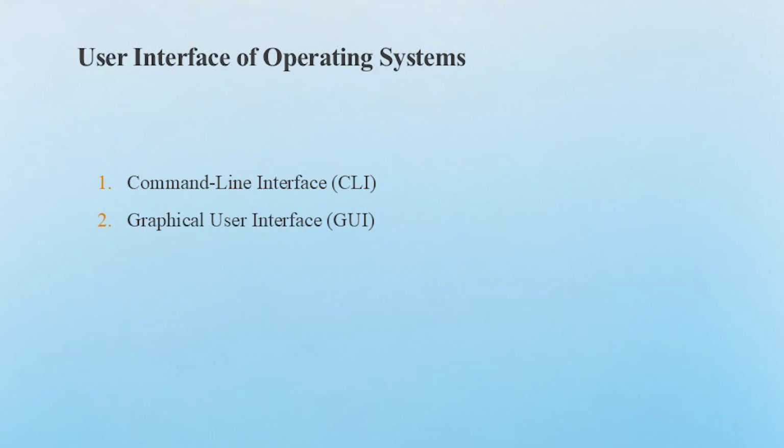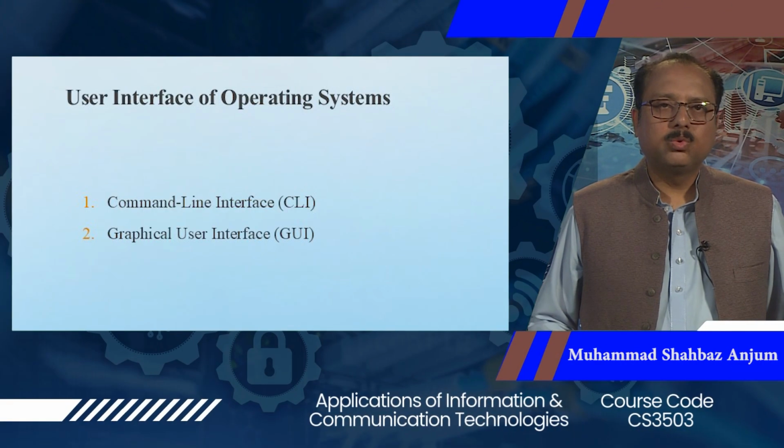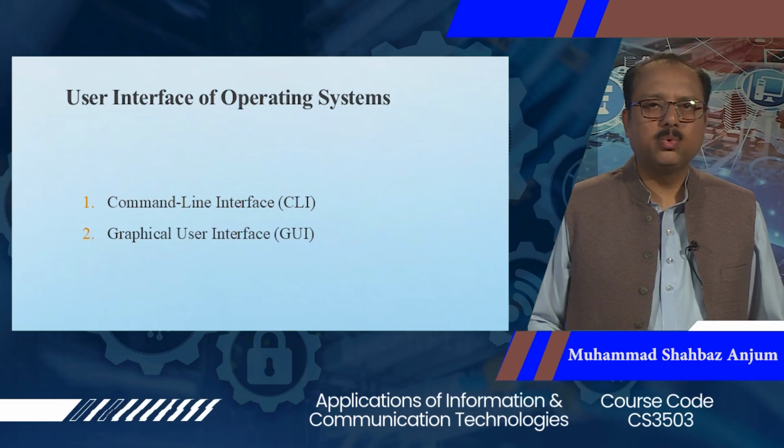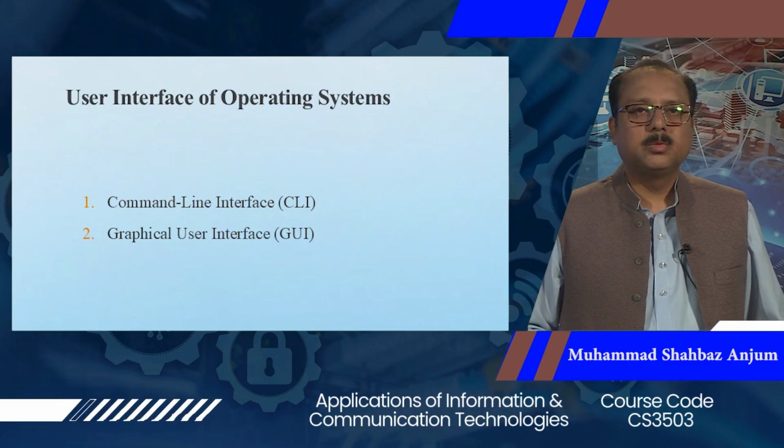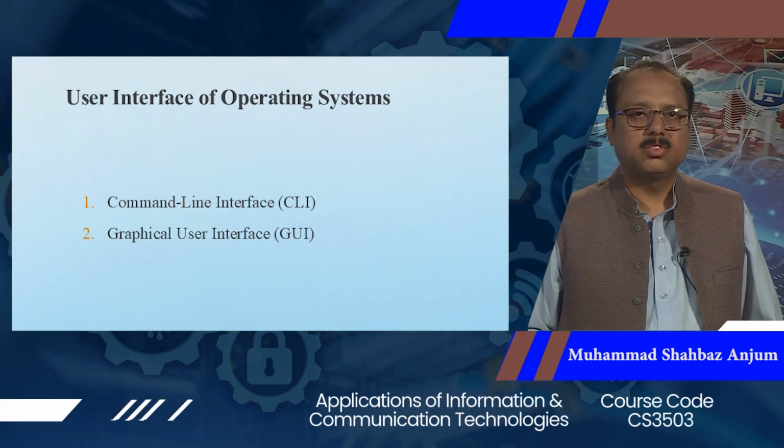Then we will discuss the graphical user interface. A graphical user interface operating system basically provides a graphical interface to the users in order to communicate with the computer. In this interface, icons, menus or graphical objects are used for issuing commands. The users of GUI operating systems do not need to memorize different commands while interacting with the system.